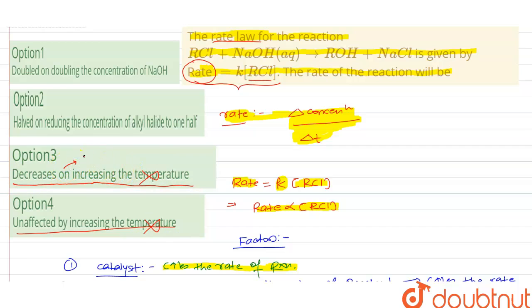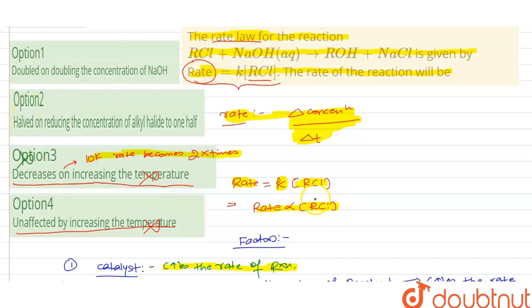And experimentally, it is found that in some reactions, on increasing the temperature by 10 Kelvin, the rate becomes 2 times, that is double. The rate becomes double of the original on increasing the temperature by 10 Kelvin. So here option third is also wrong.